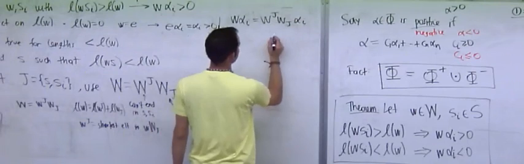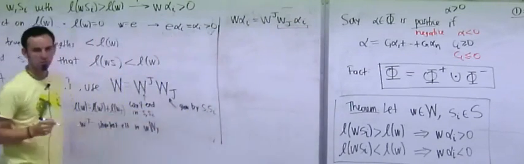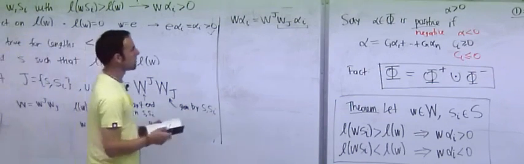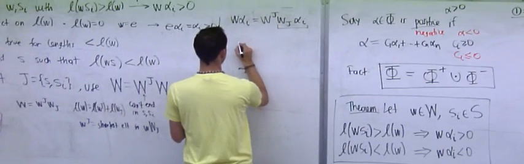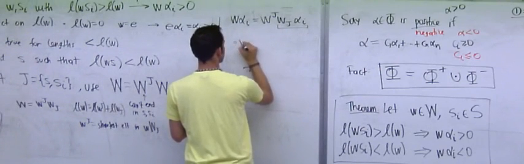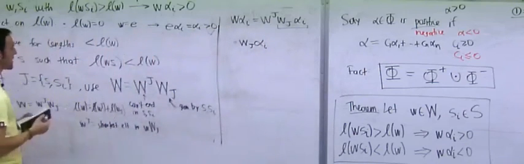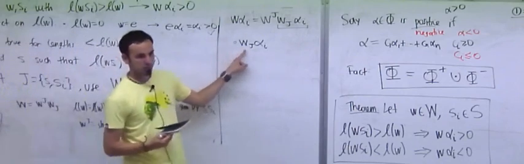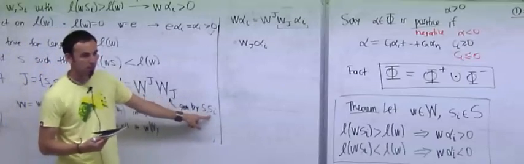And to understand this, w alpha i, first I want to understand what w sub J does to alpha i. So let's think about this, w sub J of alpha i. Now, what does w sub J look like? Well, w sub J is generated by s and s_i.